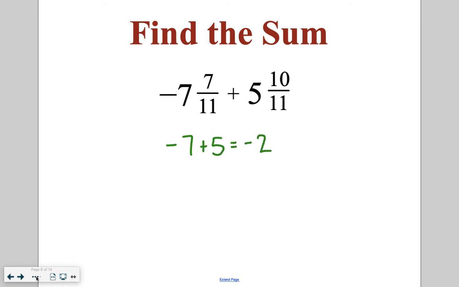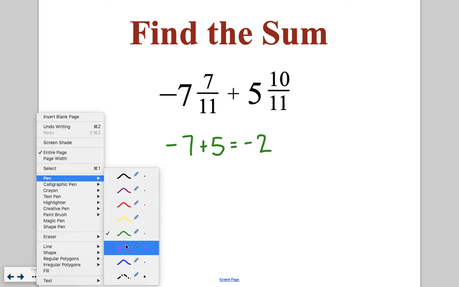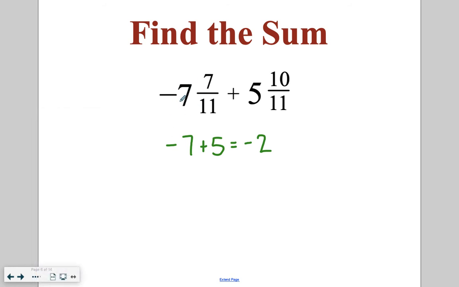Then when I deal with the fraction piece, not only is this whole number negative, but the fraction portion is also negative. So this 7/11 in a negative number is negative 7/11 plus 10/11. If I do negative 7 plus 10, that's going to give me a positive 3/11.